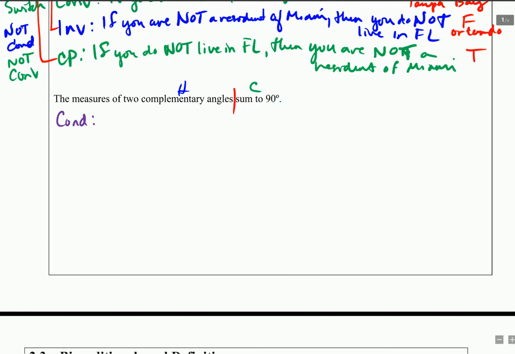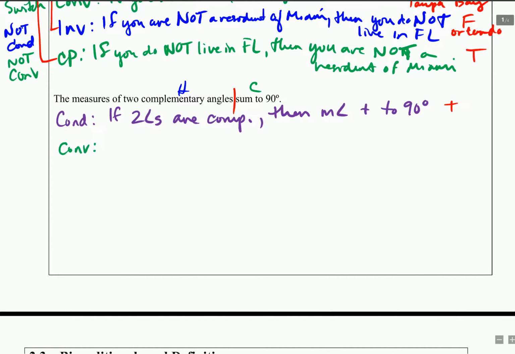Write our conditional. If two angles are complementary, I'm going to shorten here just in the interest of time, then the measures add to 90 degrees. That is true. We know complementary angles add up to 90 degrees, always.